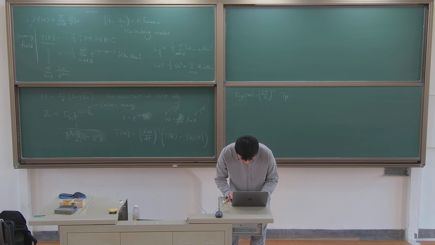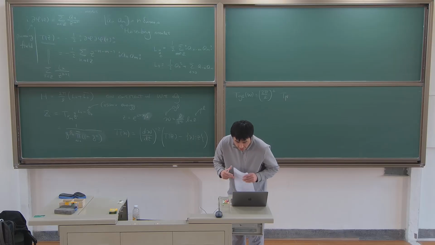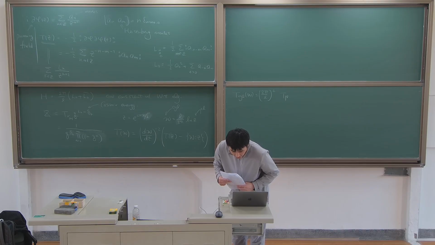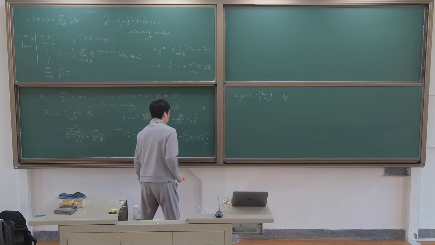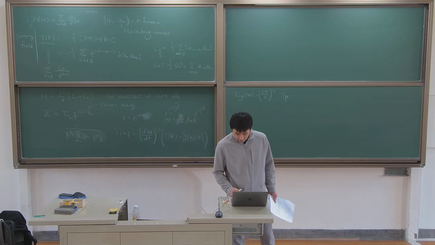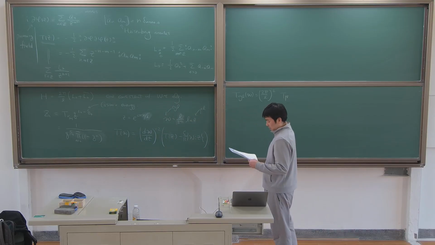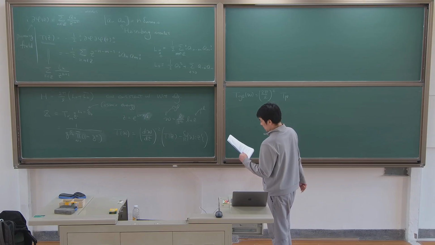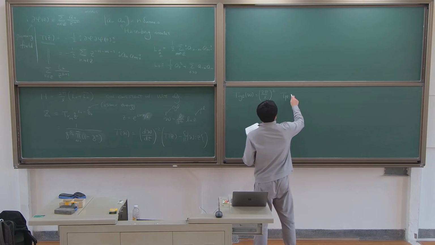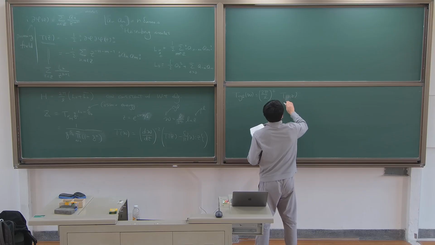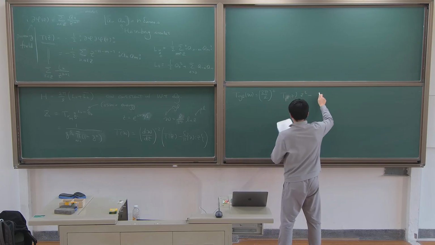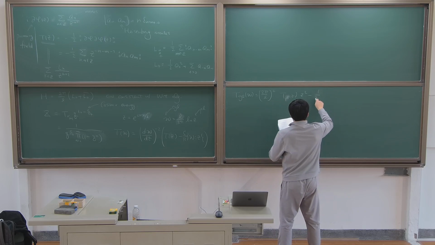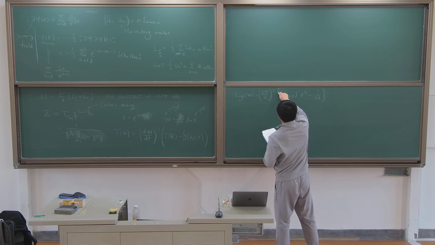Oh yeah, it's not correct. Sorry. So here is c over 12, yeah, c over 12 involved. That's why. Okay, fine. So then this will give you T plane. So this is T cylinder.